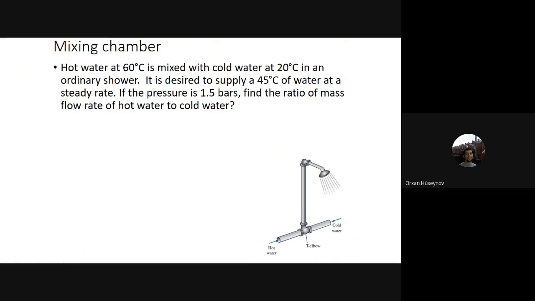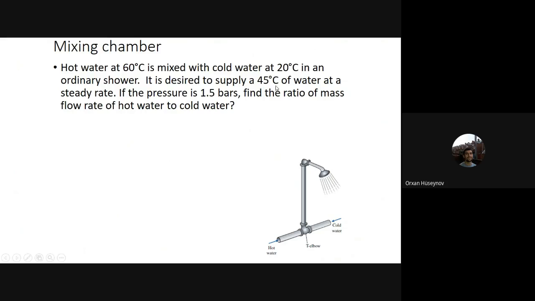If you have any questions, you can ask. No? Good. So there is a mixing chamber here. The hot water at 60 degrees Celsius is mixed with cold water at 20 degrees Celsius in an ordinary shower. It is not a rich man's shower, but it can be found at any house.